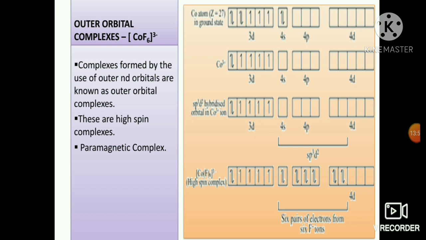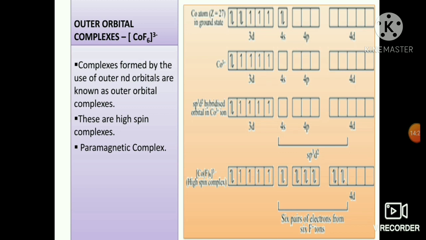So 1 4s, 3 4p and 2 4d orbitals will be involved in hybridization, giving rise to 6 sp3d2 hybrid orbitals, and these 6 empty sp3d2 hybrid orbitals will be occupied by the 6 pairs of electrons from 6 fluoride ions.